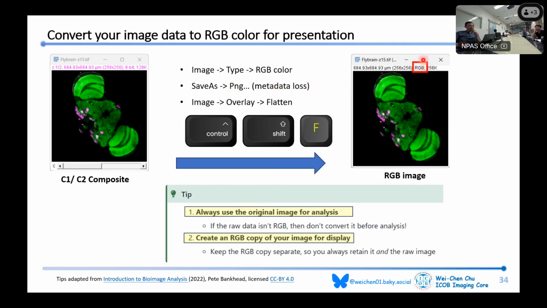For example, the scale bar information will be lost. And you can also use image overlay and flatten. There's a hotkey, so you have a very quick way to get the RGB image. So always use the original image for analysis and create an RGB copy for display or presentation.